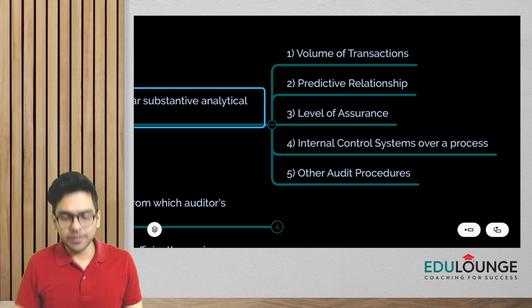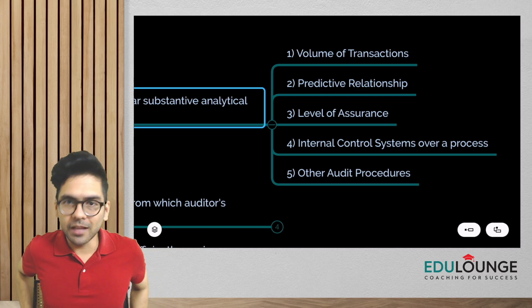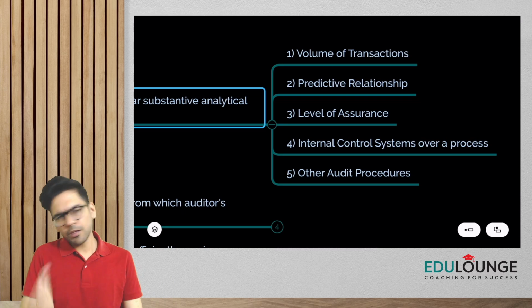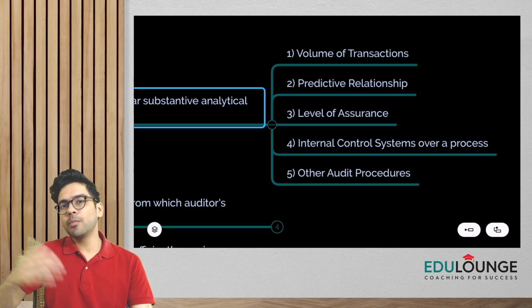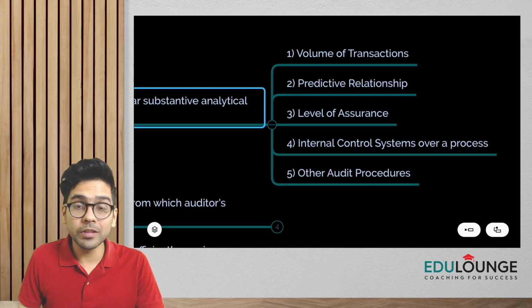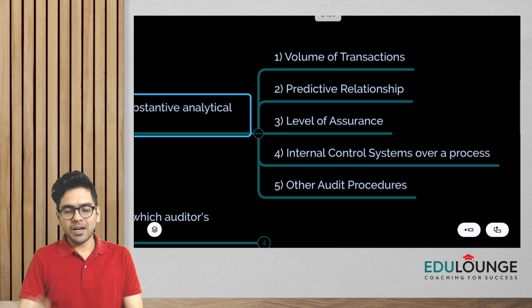Okay, third is basically level of assurance. What kind of level of assurance are you getting? If you are getting a high level of assurance from doing analytical procedure, use analytical procedures only. But if you are getting a low level of assurance, you might have to combine analytical procedure with other procedures like test of details, or maybe an external confirmation as well. Okay, so the point says level of assurance.